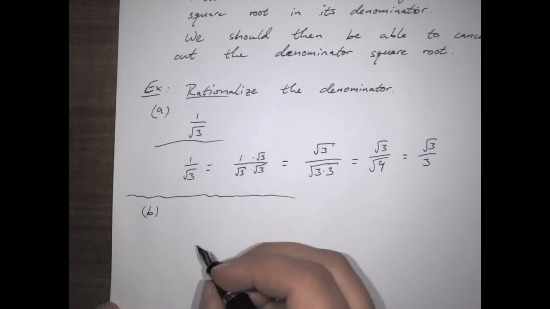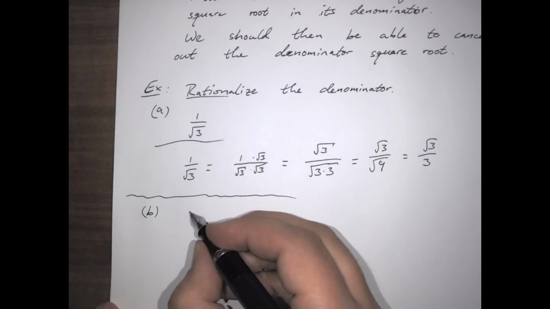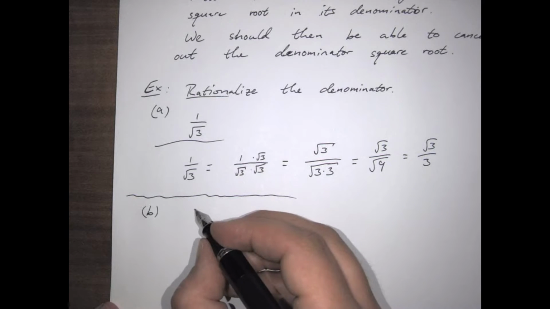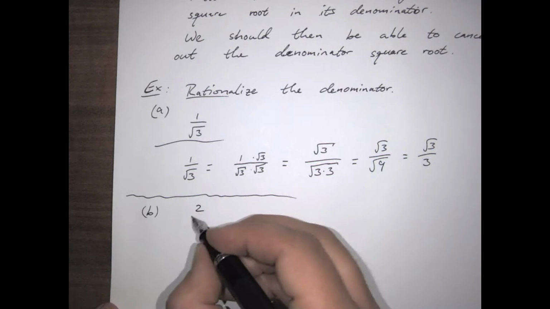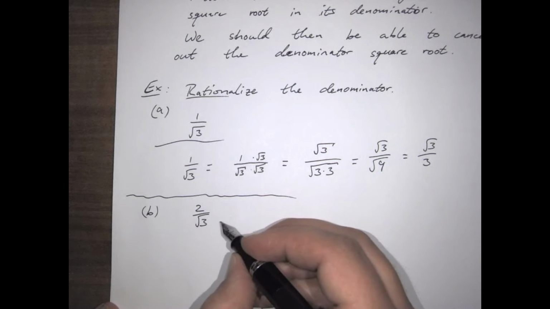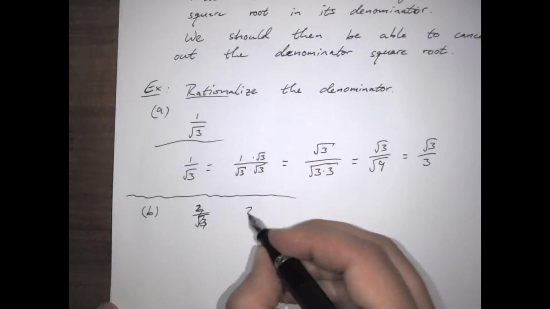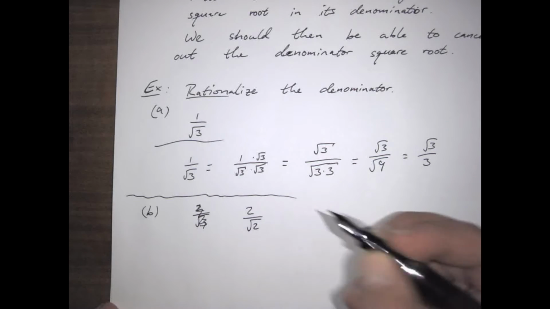So just be warned. Okay, so let's see. How about another one? What's another kind of thing that comes up in trig? Let's say we have 2 over square root of 3. Wait, we just did square root of 3. How about 2 over square root of 2.